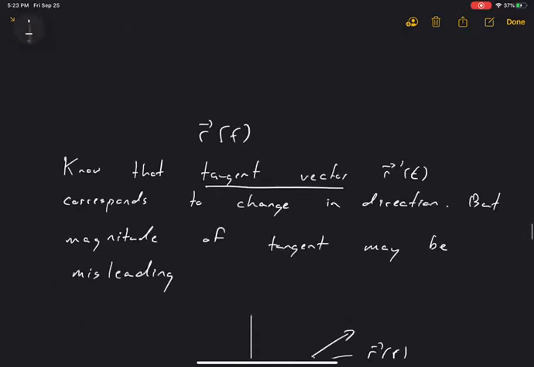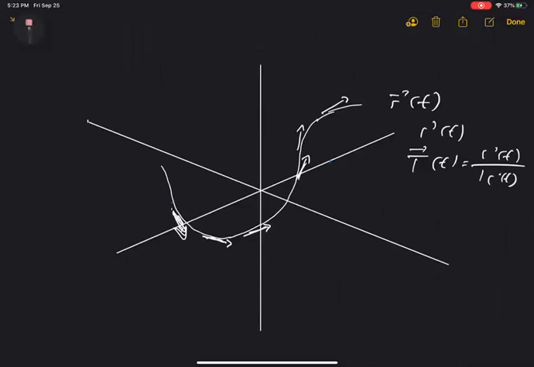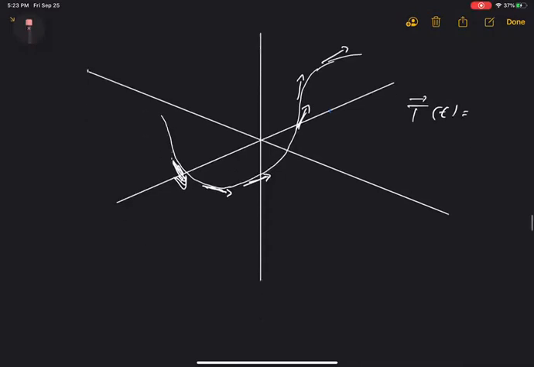So going back up to this picture here, I have these unit tangent vectors, capital T, and they're changing. The slope of them is changing as we move along this curve, but they're changing pretty gradually.